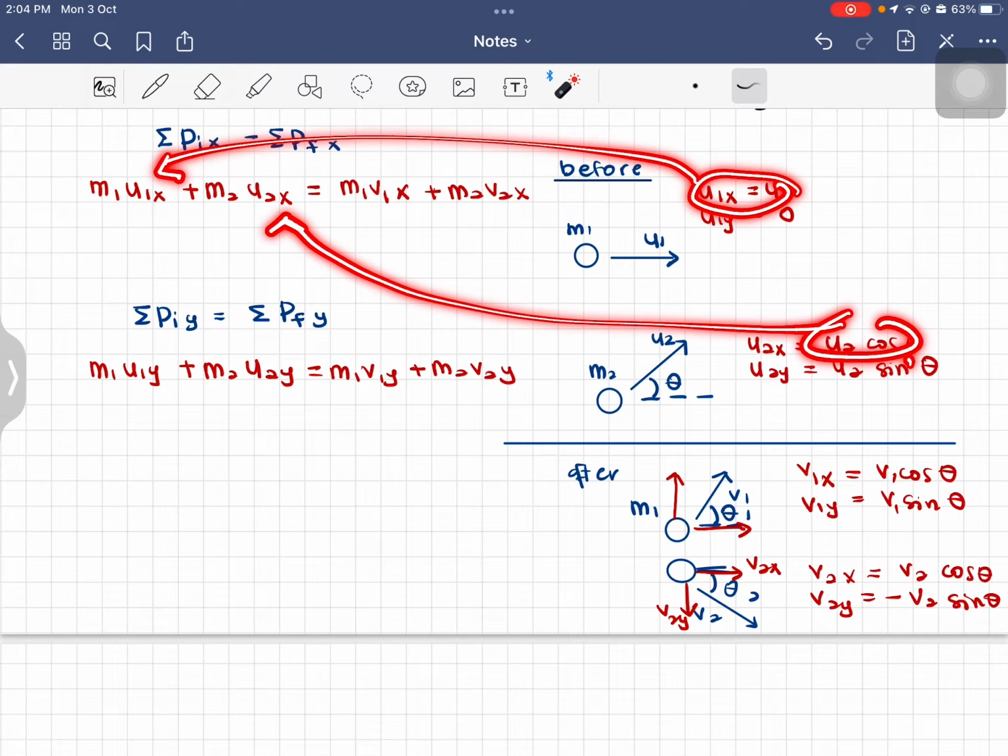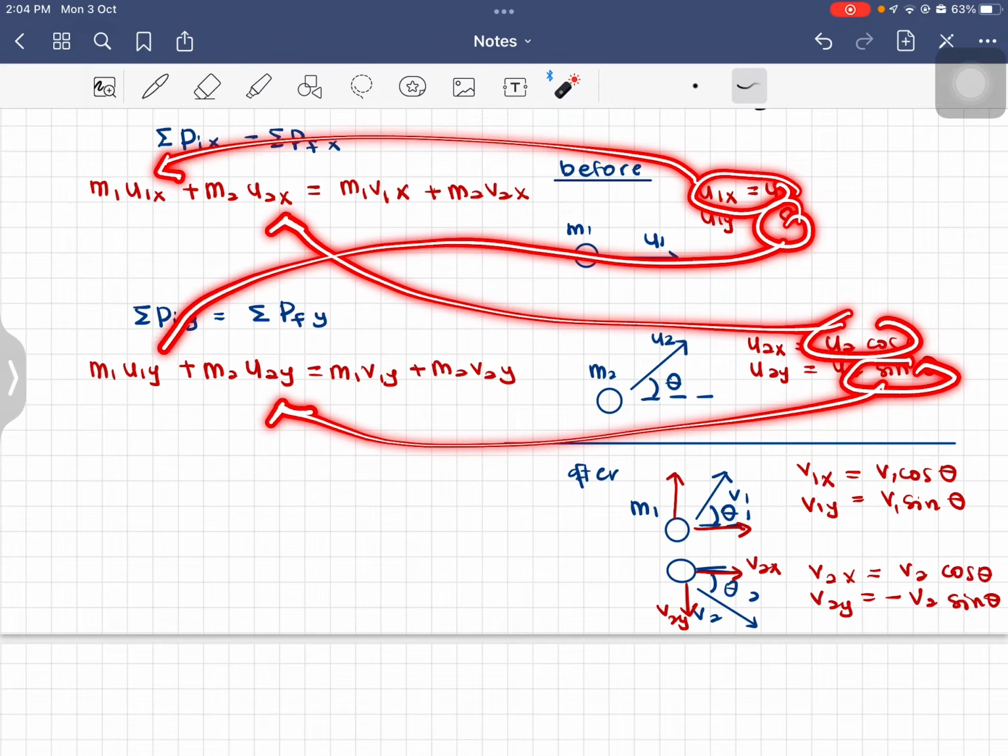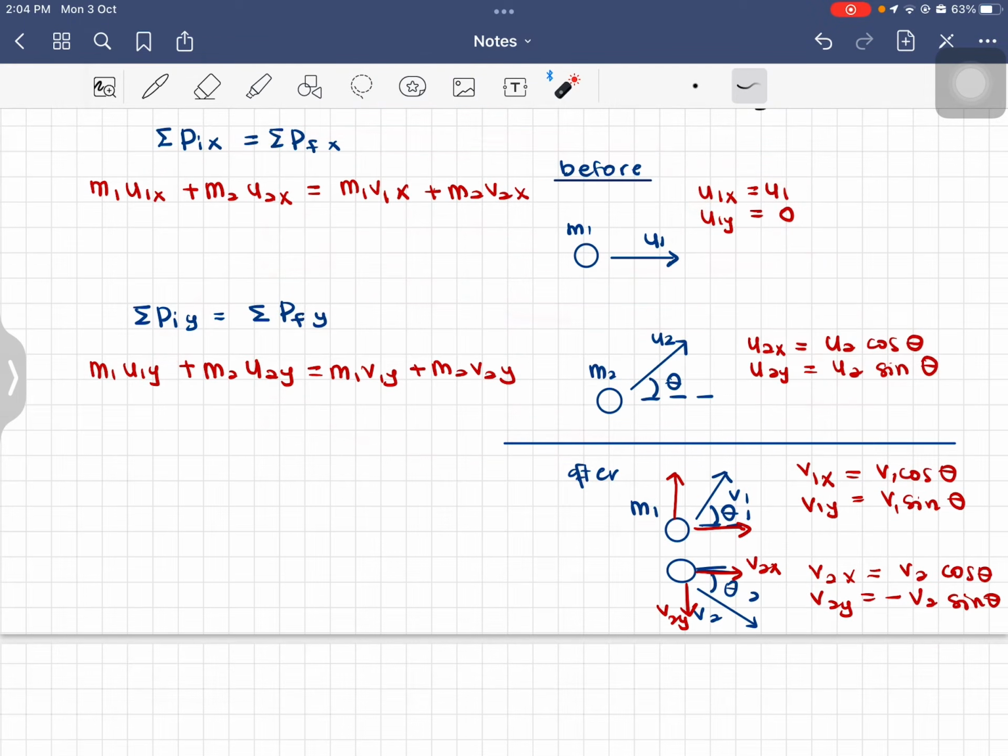Then this one akan masuk kat sini. This one akan masuk kat sini. Macam tu. So this kena masuk V1 cos theta ni masuk kat sini. V1 cos theta. Yang ni V2. Yang this one is V2 cos theta 2. Lupa nak bezakan theta. This one theta 1, theta 1. This one is theta 2, theta 2. Sebab theta dia tak semestinya sama.